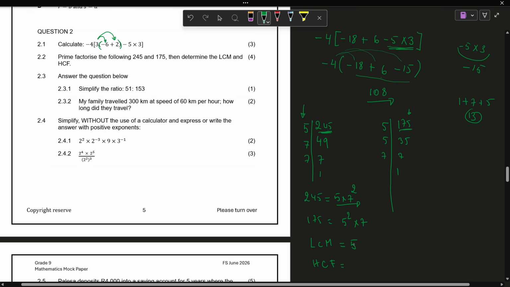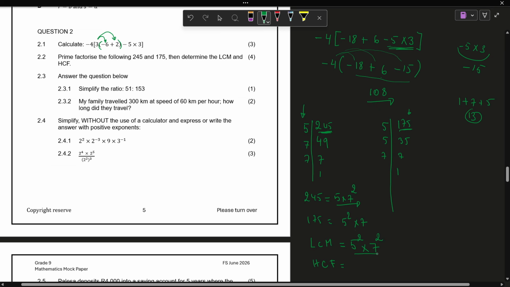If it's 5, we start with 5 and we take the highest exponent. Here the exponent of 5 is 1, here the exponent of 5 is 2, so we write 5 squared. The next prime factor is 7, and we take the highest exponent, which is 2 as well.